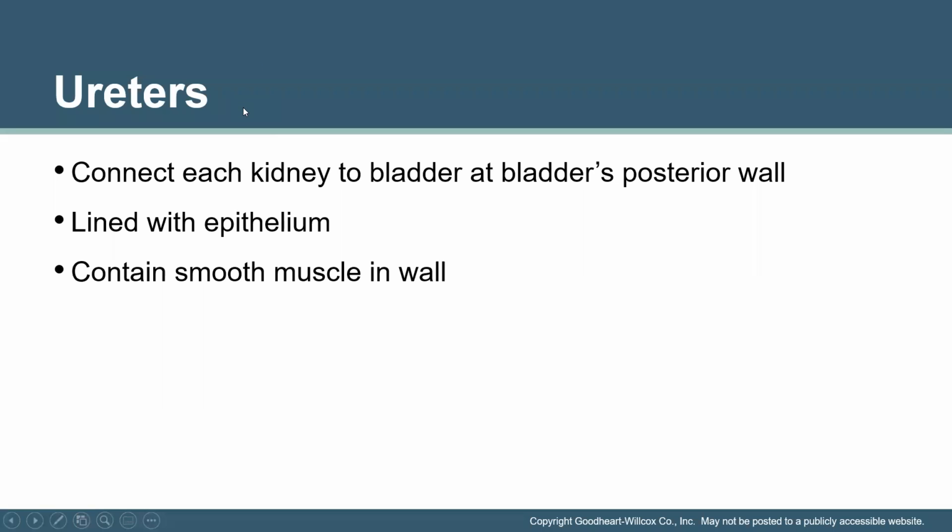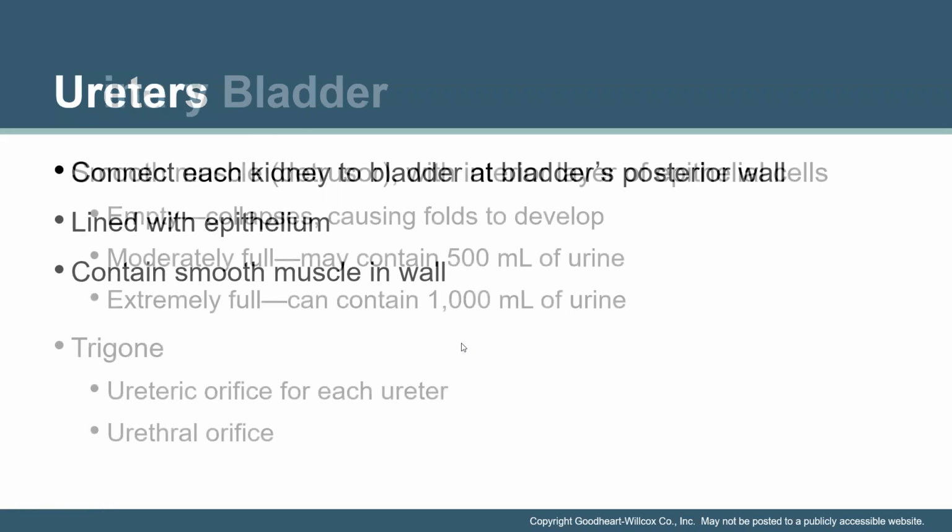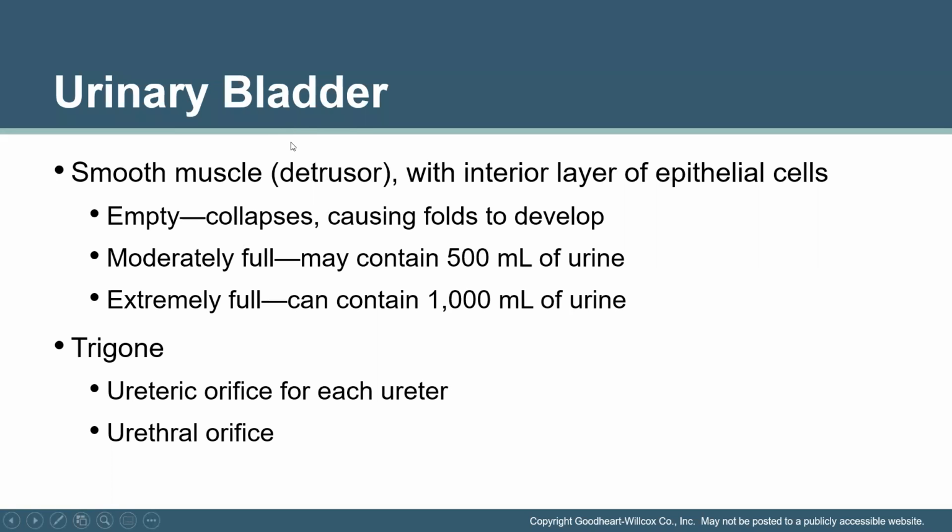Remember that the ureters will connect each kidney to a bladder at the bladder's posterior wall. They are lined with an epithelial tissue and contain a smooth muscle in the wall as well. The bladder itself is primarily composed of smooth muscle called the detrusor with an interior layer of epithelial cells.